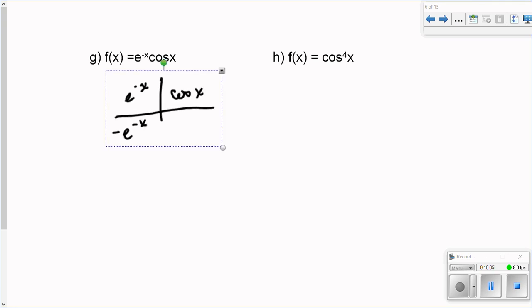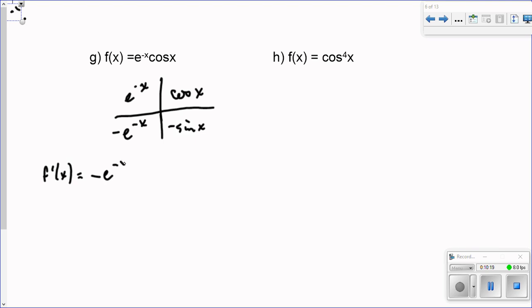The derivative of e to the negative x is negative e to the negative x, and the derivative of cos is negative sine. So it's a product rule, so f prime is going to be negative e to the negative x multiplied by cos x plus e to the negative x multiplied by negative sine x.